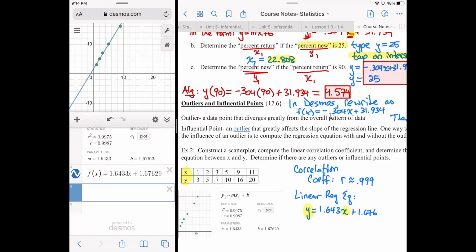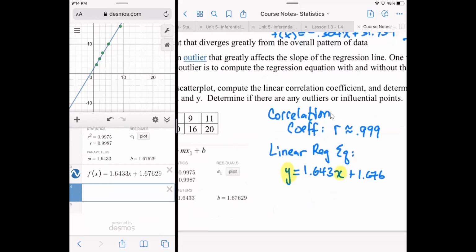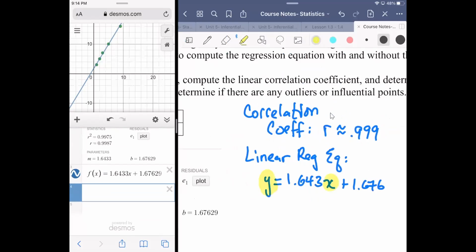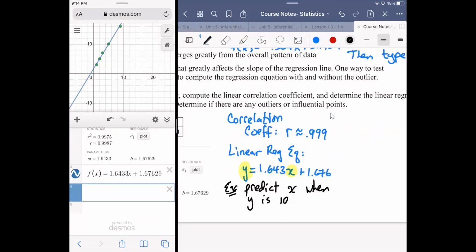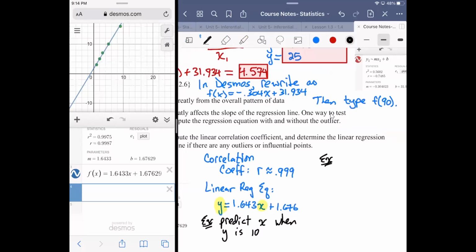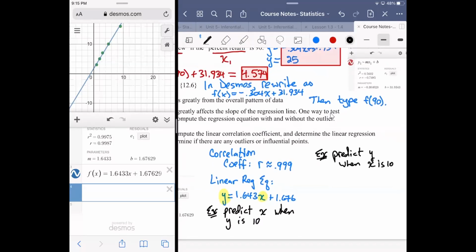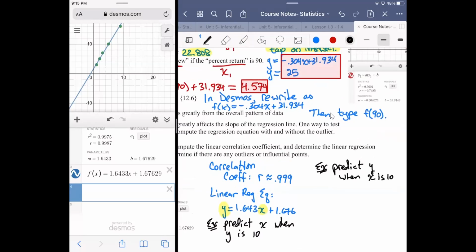So for example, if this is saying predict x when y is 10, and then I'll make another one: predict y when x is 10. I'm making two separate questions, but it's all going to be done on Desmos.